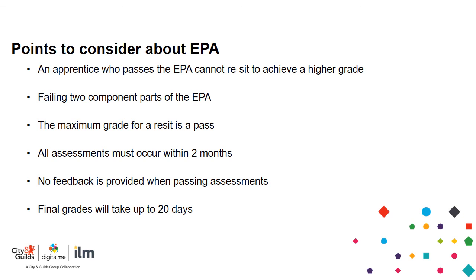You will be advised of the criteria which have not been met, but via the endpoint assessment team. Once all of the endpoint assessments have taken place and final assessment occurs, the professional discussion is completed. At least 20 days later, you will then be advised of the final outcome for the apprentice.